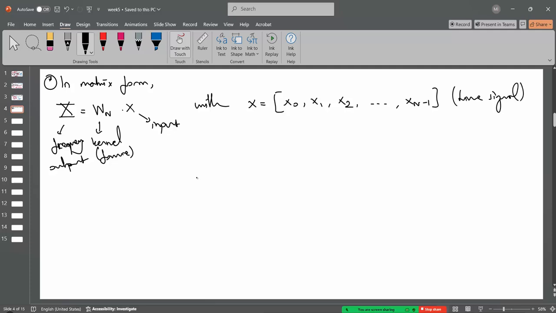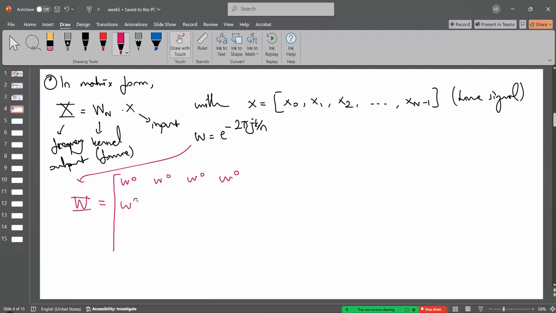Okay, and so for example, if you want to create the W_N matrix in here, we assign the smaller w equal to e to the power of minus 2 pi j divided by N, and so we can assign to this one, for example, the W matrix, the bigger W, which is equal to w0, w0, w0, w0, and also w0, w0, w0.